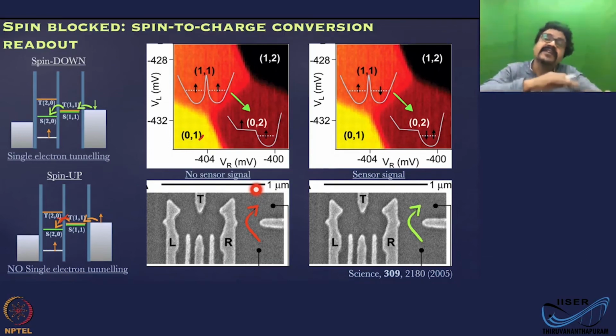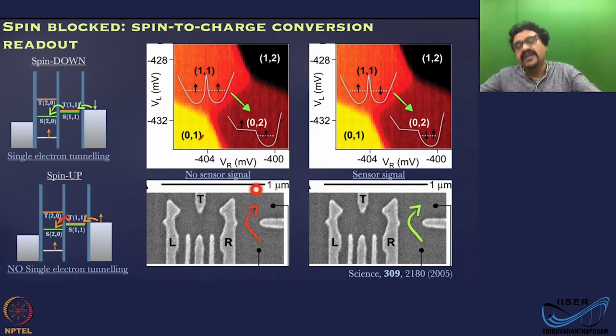The earlier one was actually for an LD qubit. This one is for an ST qubit. But with the earlier one also you can read out if you have an ancillary or an auxiliary dot, then with that dot you can form a singlet triplet state. There also you can use this spin to charge conversion by spin blockade technique.